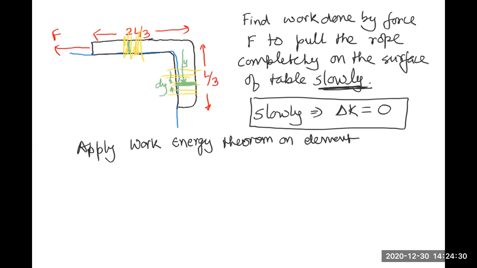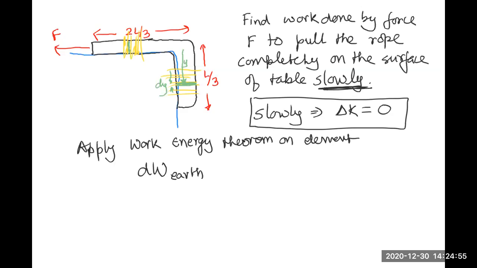So I want to find the work done by earth on the element. Please notice that here also I've used the d term, because the work done by the earth on this element will be a teeny tiny part of the work done by the earth on the whole chain.